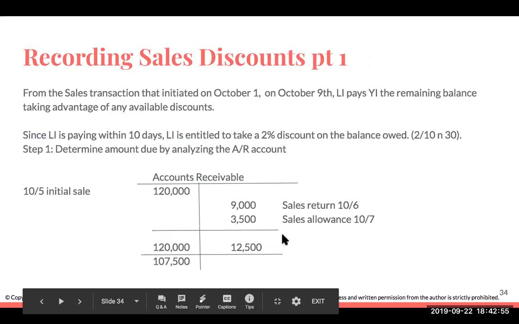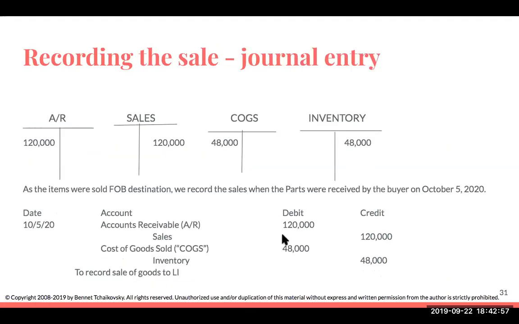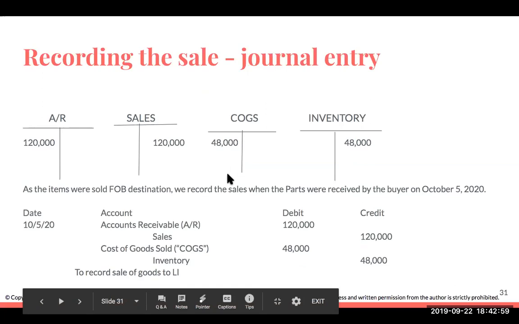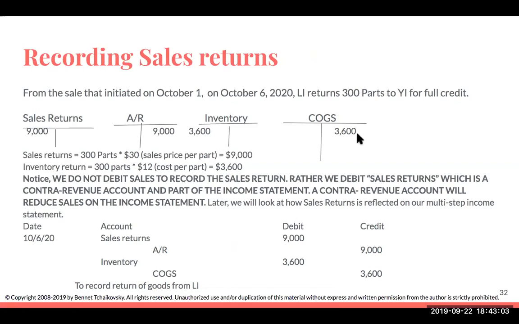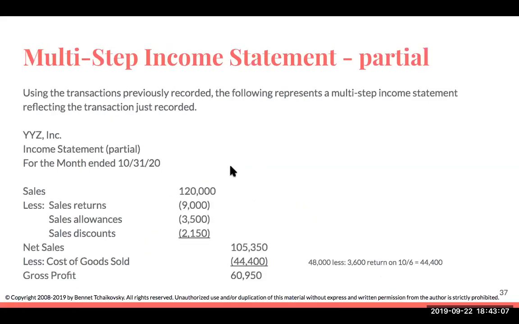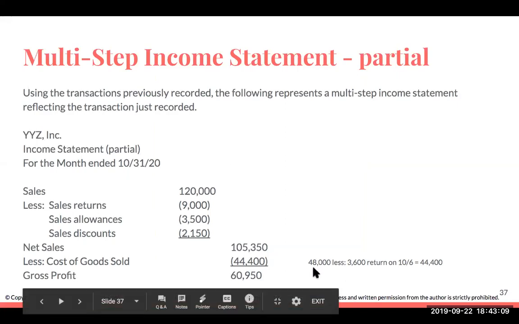Well, my initial cost of goods sold was $48,000. However, when I had the return, I credited cost of goods sold for $3,600. So 48,000 less 3,600 for the return on October 6th gives me total cost of goods sold of 44,400.